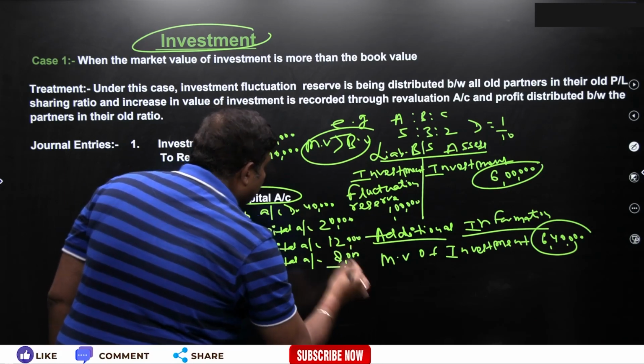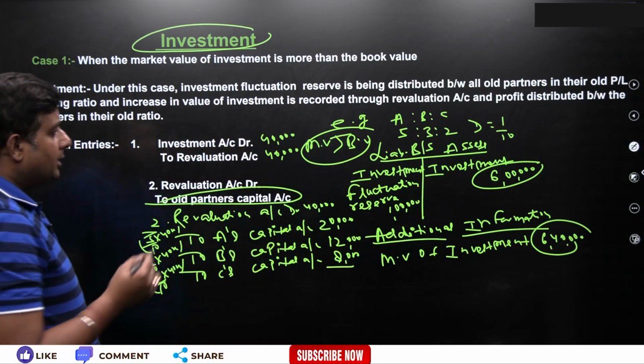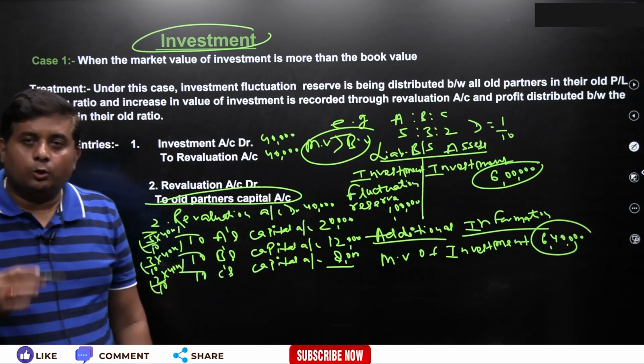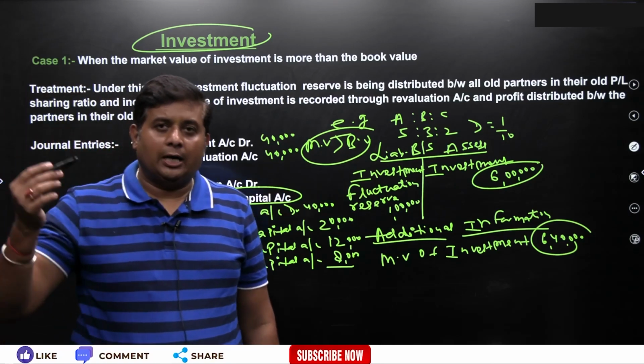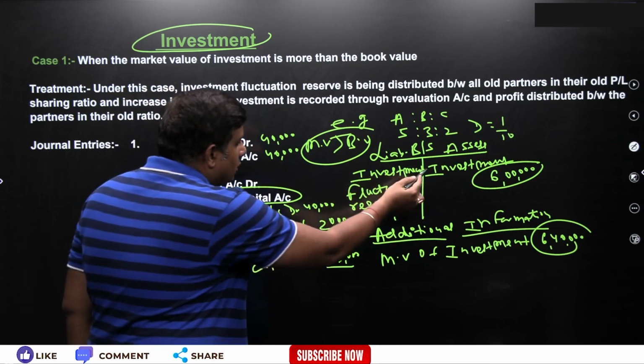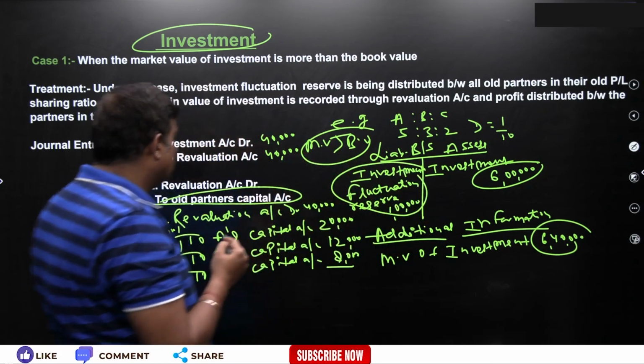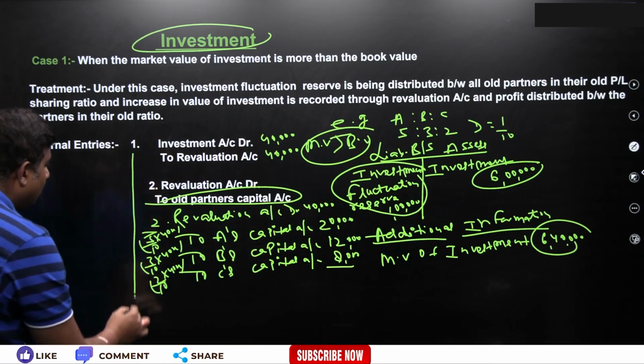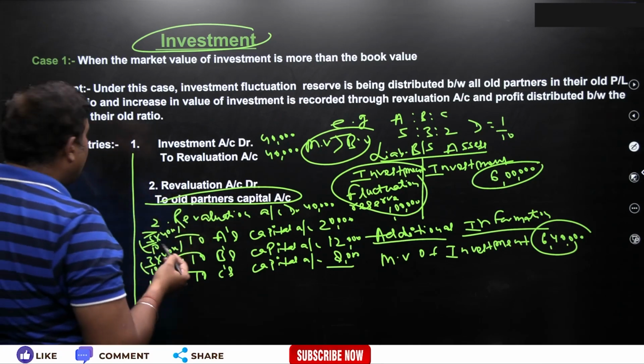Now here you find, since the market value of investment is going up, this investment fluctuation reserve doesn't have any use. So this needs to be distributed between the partners in their old profit and loss ratio.